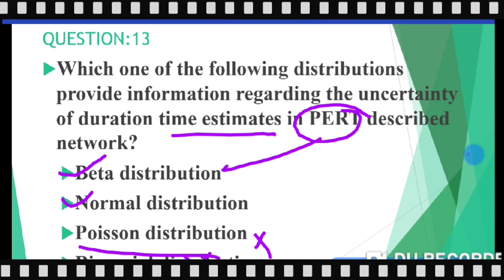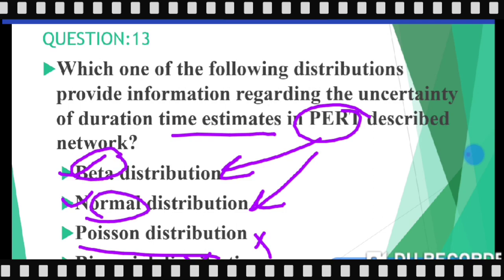In PERT, we are talking about beta or normal. So please remember, for project we have normal distribution, for activity we have beta distribution. Please read the question and check whether it is talking about activity or project. If it is talking about activity, then we will take beta. If it is talking about the whole project, then we will take normal distribution.